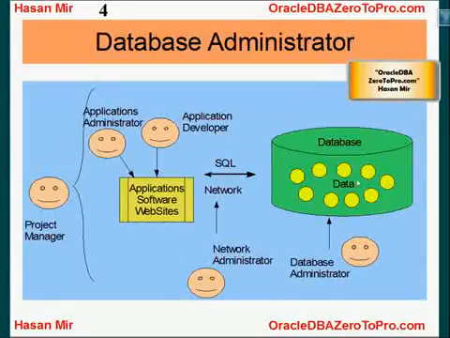So let's see where the database administrator fits into the big picture. This is the database. It has data within it, like the yellow circles representing data within this green database, and this is the application server. We have lots of applications running here, represented by the yellow box, and applications are talking to the database through the network. The person looking after the health of the network is the network administrator, and a person responsible for developing applications or modifying existing applications is the application developer.